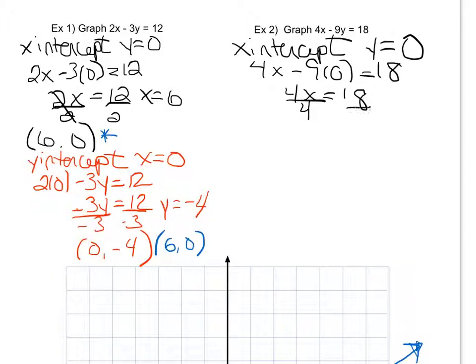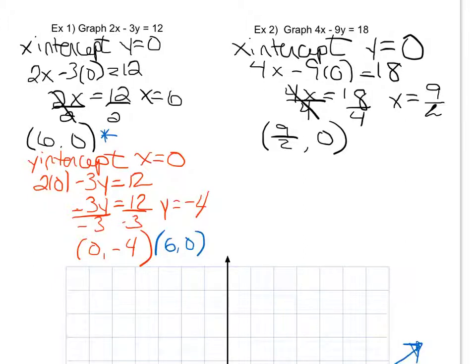I divide by 4. I'm fine with fractions, but I do always want to reduce my fraction. Since 18 and 4 can both be divided by 2, I get x equals 9 over 2. So the first point that I've just found is 9 over 2, 0.